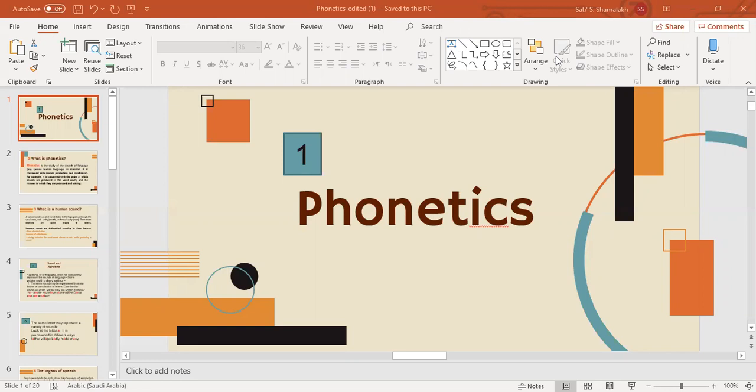When you say phonetics as a science, we mean the science which studies human sounds, not any sounds, not animal sounds or bird sounds. It studies human sounds. How do we produce our sounds? How do we describe our sounds? And so on.